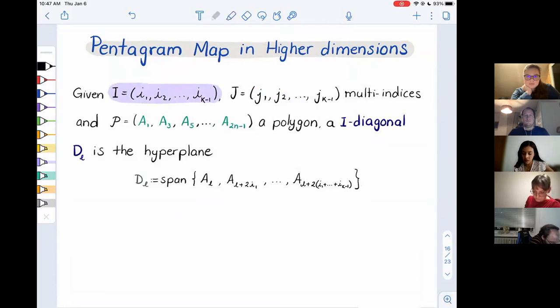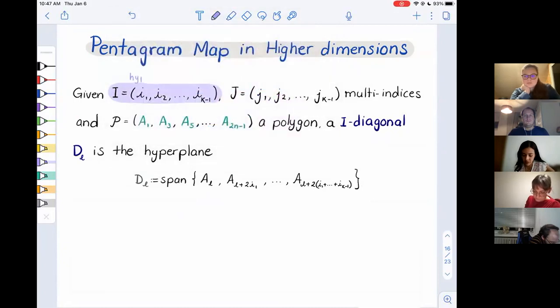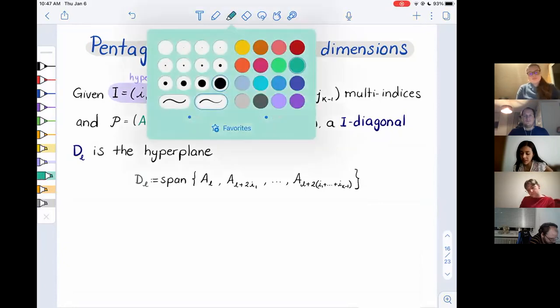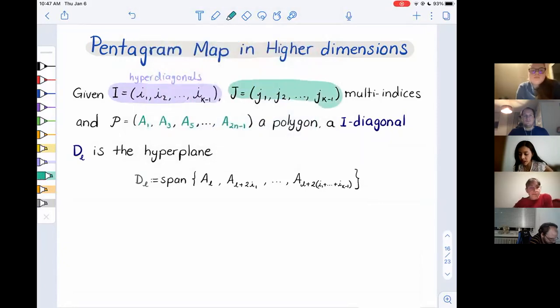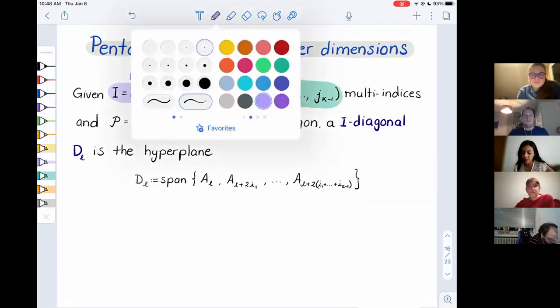So this one, let me write it here. Hyperdiagonals. So this is going to tell me how to construct these diagonals that I had in 2 dimensions. And then this other parameter, J, is going to tell me how I can intersect these hyperdiagonals. So this governs the behavior of intersection.